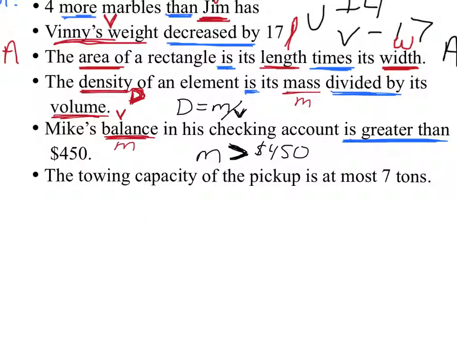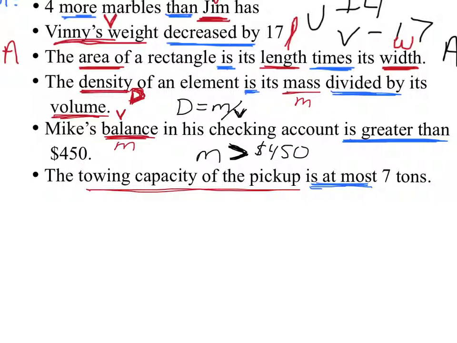Okay, and the next one says the towing capacity of the pickup is at most 7 tons. The thing I don't know right now is the towing capacity of the pickup. I don't have an operation, but I do have "is at most," which is letting me know that this is a sentence, which I can make an equation or inequality out of.